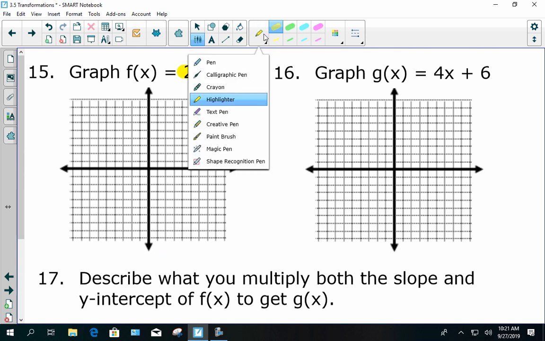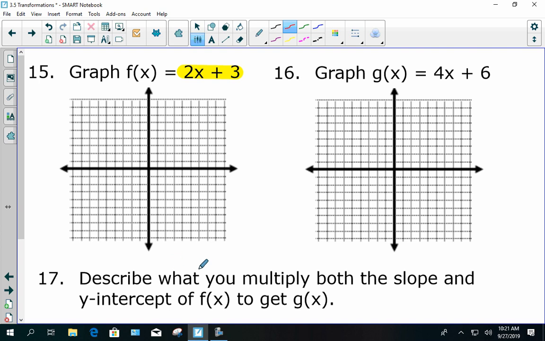And they're asking you, what must you multiply both slope and y-intercept of f of x by to get g of x? What do you have to multiply to this to get g of x? 2. You just multiply this by 2. It has to multiply everything. Then you distribute the 2, you get 4x plus 6.